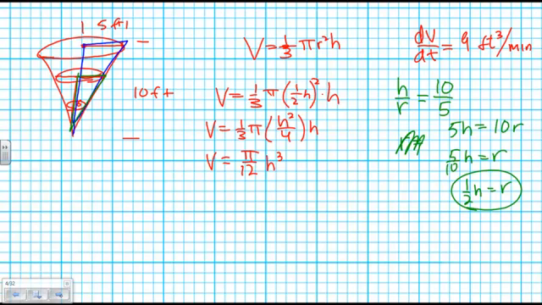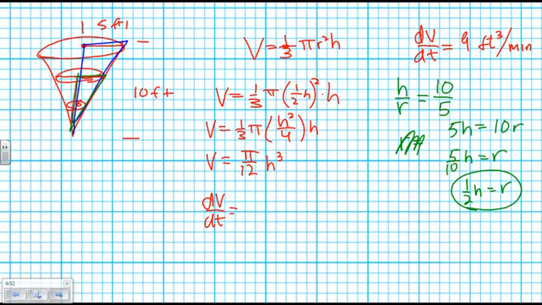And I think at this point we're ready to take the derivative with respect to h. No, not h. With respect to time, t. The derivative of volume with respect to time, dV/dt.